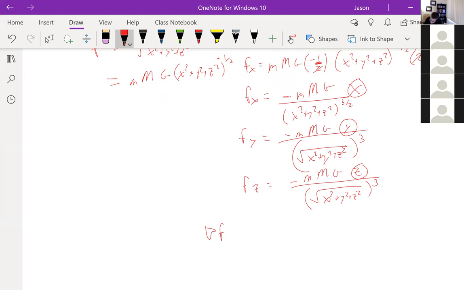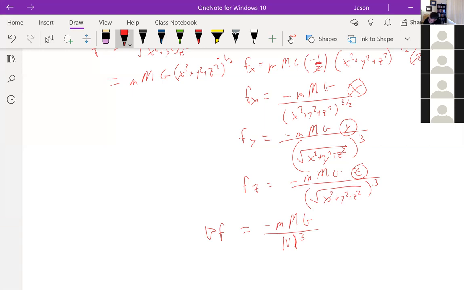So the gradient of f is equal to negative mg over, well, what is the square root of x squared plus y squared plus z squared? That's the magnitude of v. That's the magnitude of v cubed.